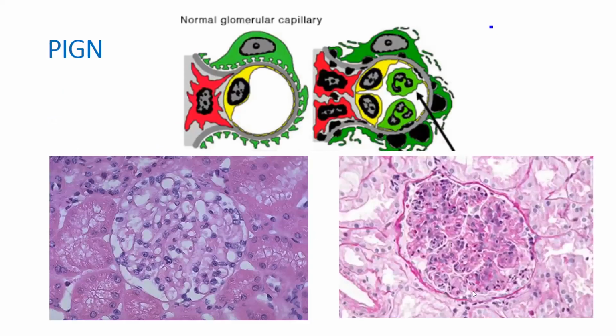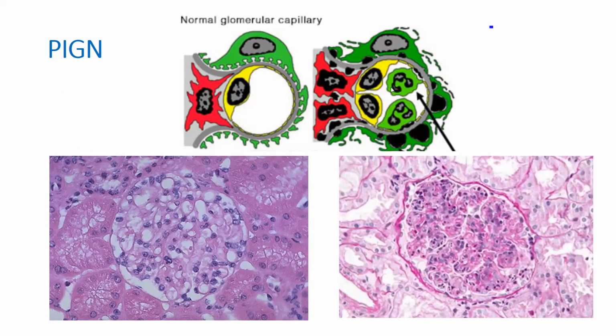So I'll take one example. So this is a typical picture of a post-infectious glomerulonephritis. There you have the normal glomerulus, and you can see a biopsy sample, and you can see the normal, patent glomerulus. So this is a normal glomeruli. And here you can see a patient who's having post-infectious glomerulonephritis.